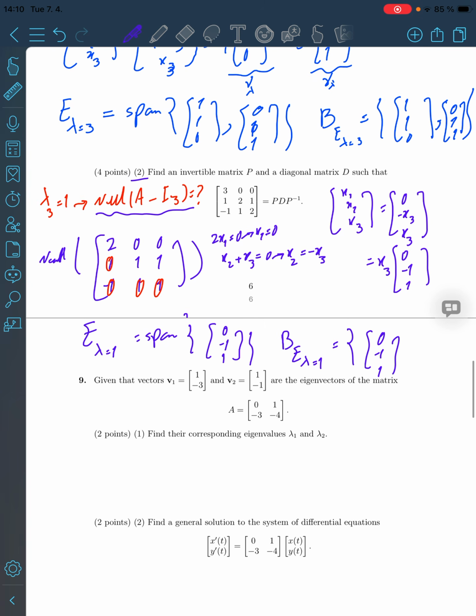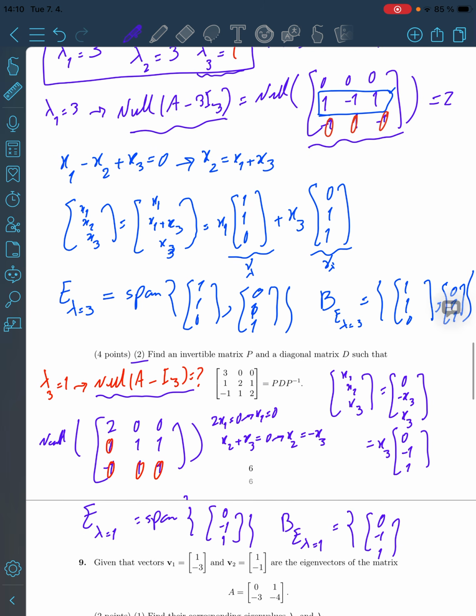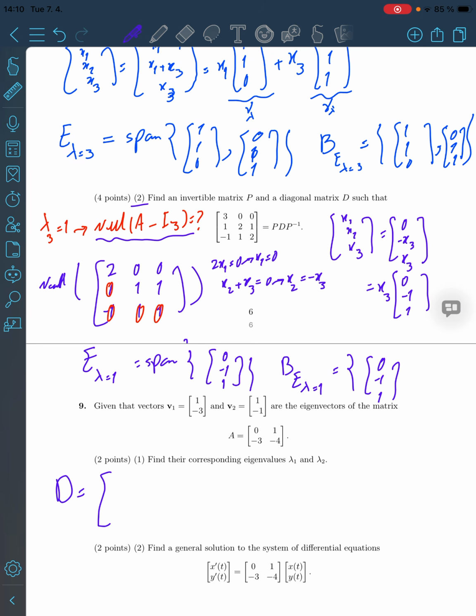So I should define matrix D. Matrix D is always just put the eigenvalues here. The order of the eigenvalues doesn't matter, but you should pay attention.